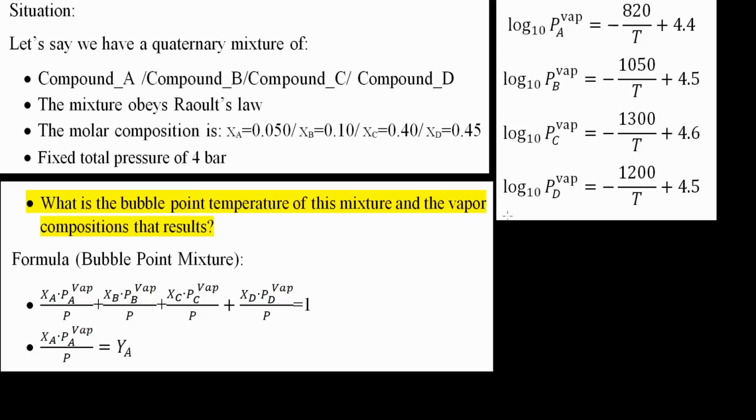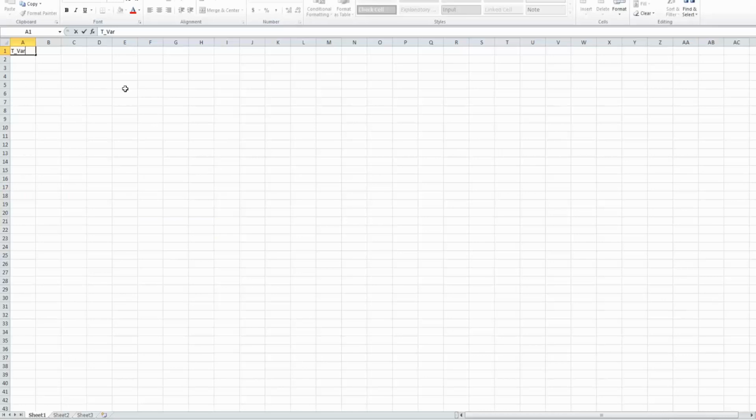And so let's do this problem in Excel. The way we're going to solve this problem is by guessing a bunch of temperatures. So we have T, and then we can do PA VAP, that's Antoine's equation, PB VAP, Antoine, PC VAP, Antoine, PD VAP, Antoine. And then let's go back to the equation.